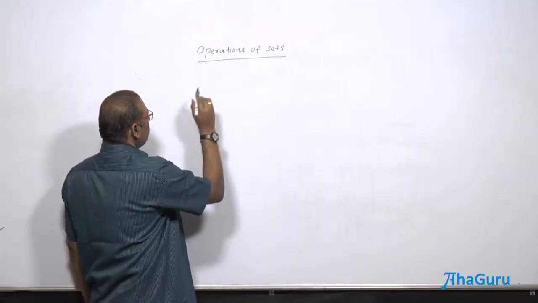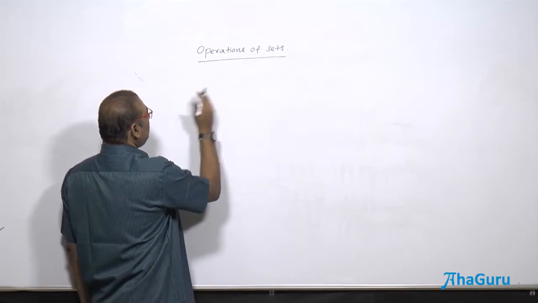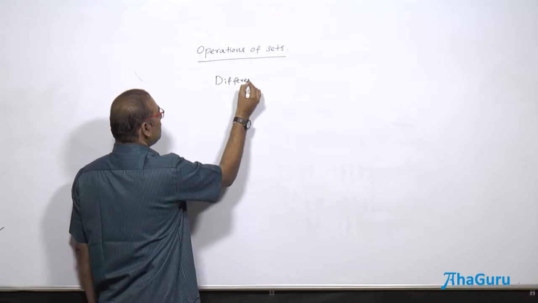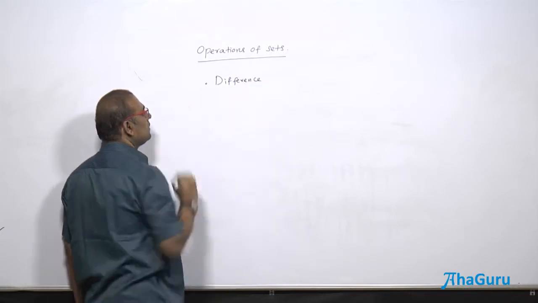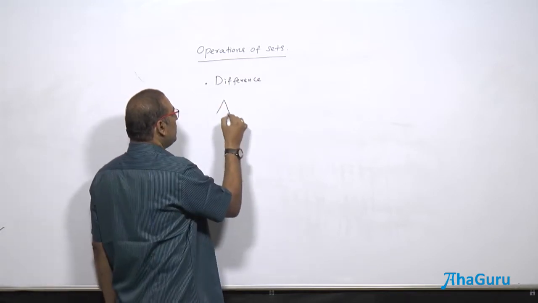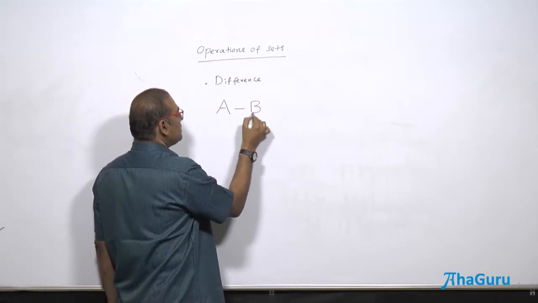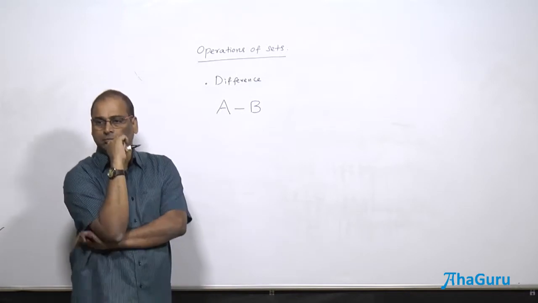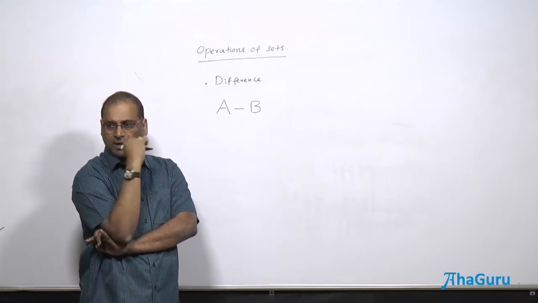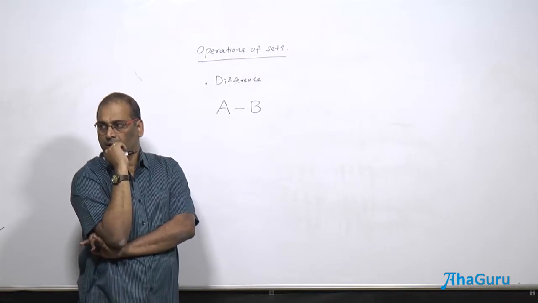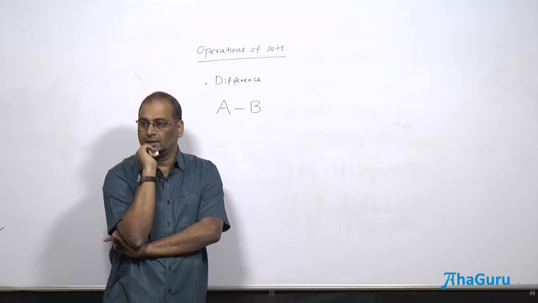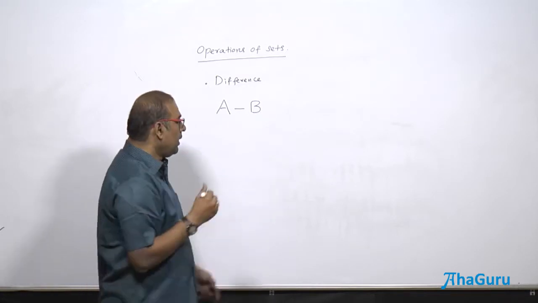Okay, so there is something called difference. Difference is also an operation of sets: you have something like A minus B. Just like number subtraction, you are going to take away. Minus always stands for take away. But the problem is, there is a difference between number subtraction and set subtraction.